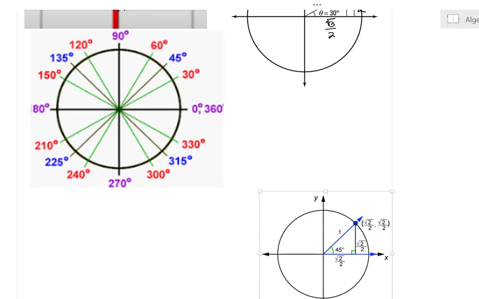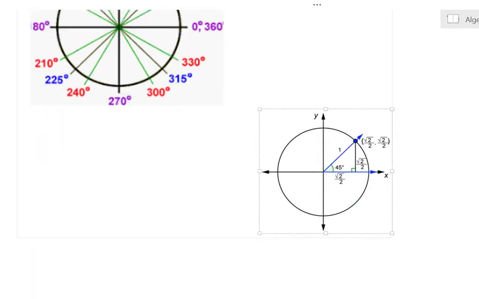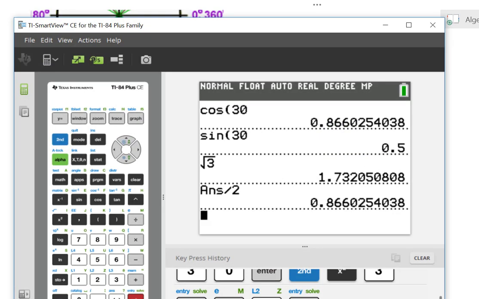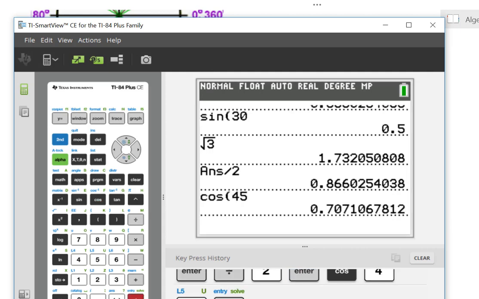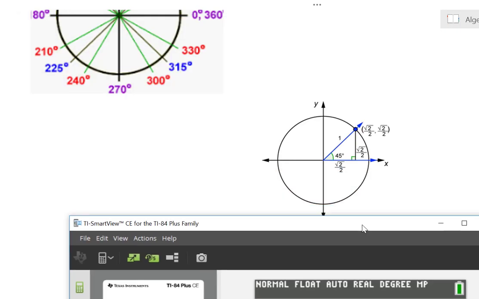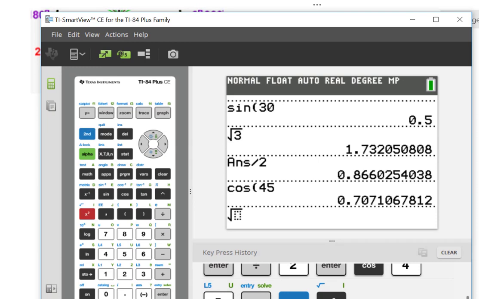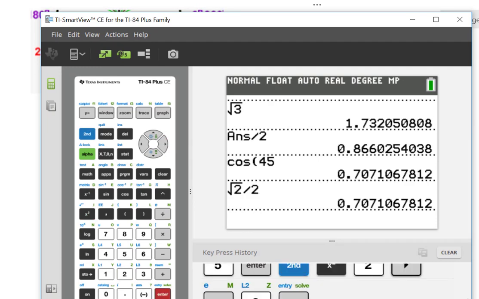You also have your 45, 45, and that's where all of these values here are coming from. So for example, if I did cosine of 45, I would get 0.707. According to this, it's saying that it's square root 2 over 2. So let's check that out. Square root 2, it is the exact same value.